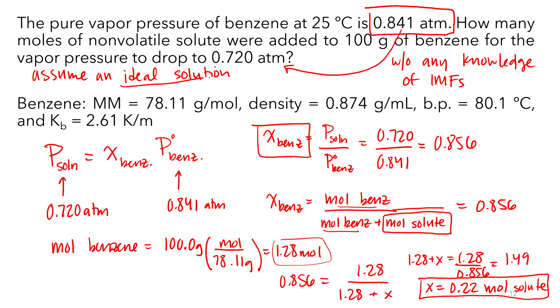Raoult's law defines an ideal solution, where IMFs don't matter. Another way of writing that is saying delta H of the solution is about 0. It's not exothermic, it's not endothermic, because my solute and solvent particles like to interact with each other exactly the same as they interact with themselves. So, stepping out and putting a little bit more conceptual, qualitative info into this question.